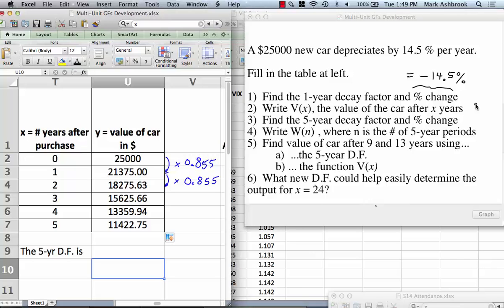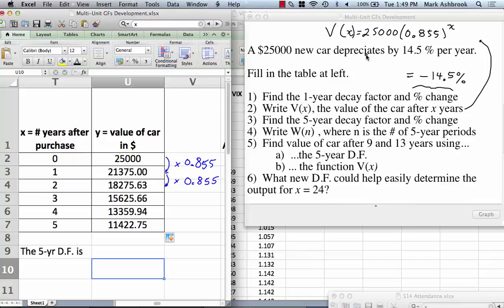And we got the decay factor, 0.855. What about V of x? Shola, did you get that? What do we think of that function? Okay, so that's all review.